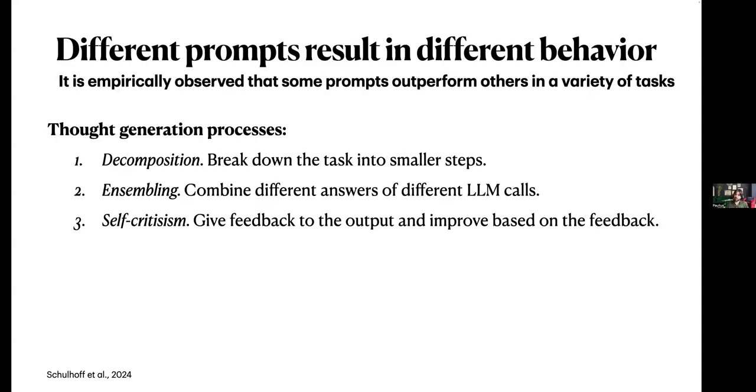So different prompts result in different behaviors. It's kind of clear if we prompt a model in a different way, we get a different output. But what has been empirically observed is that some prompts simply outperform others more generally. And because some prompts outperform others more generally, people have been developing different kinds of prompts that can be broadly categorized into three different processes.